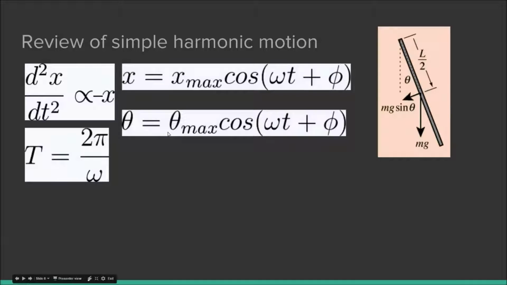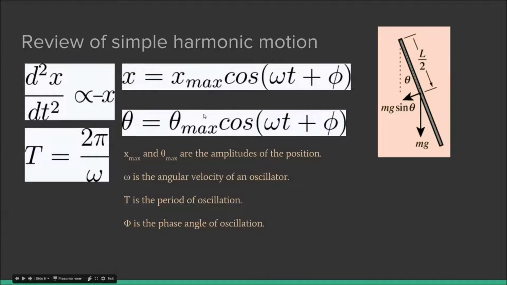And here are two equations we deal with when dealing with the position of a simple harmonic oscillator. X is equal to x max cosine of omega t plus the phase angle. And the same applies for theta, which is the rotational version of this equation up here, where omega is once again your rotational velocity, and x max and theta max are the amplitudes of the position.